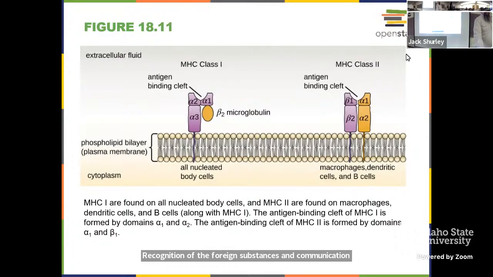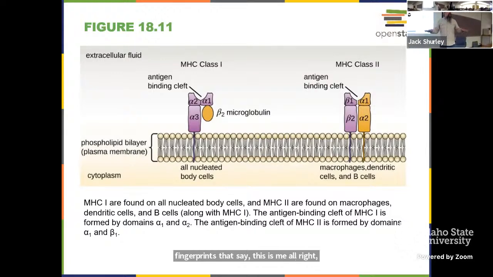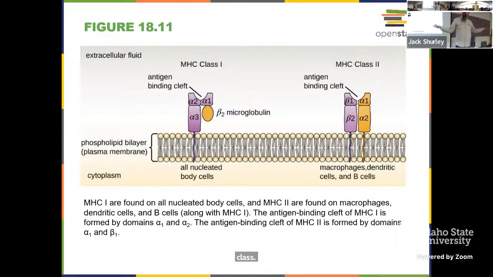It all is basically happening in this complex. These complexes of proteins are basically our cellular fingerprints that say this is me. And if there are deviations, things like natural killer cells may recognize our own cells missing or misshapen class 1s and basically stimulate their destruction.